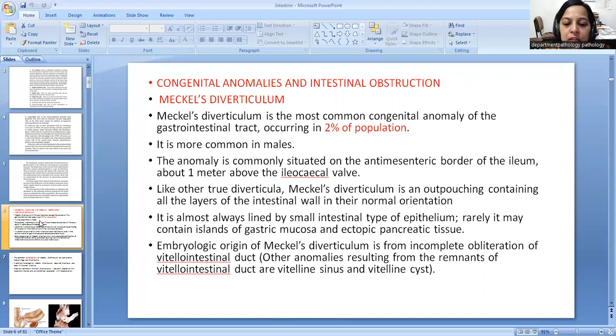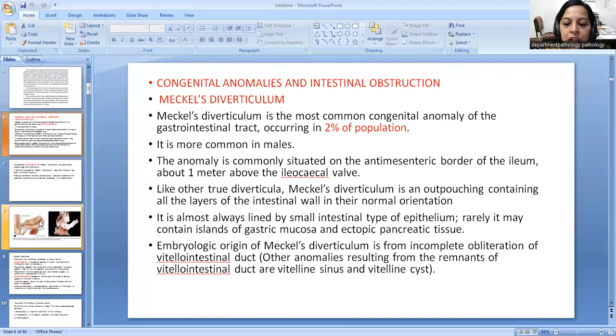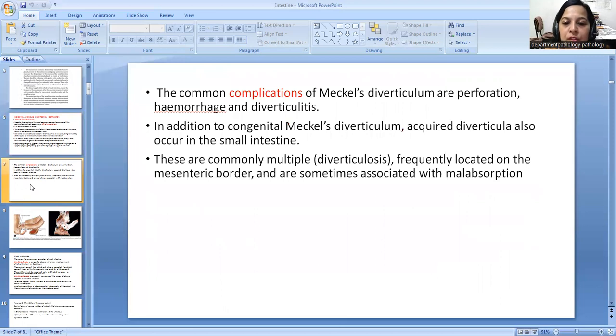Embryologic origin of Meckel's diverticulum is from incomplete obliteration of the VIT duct, that is vitellointestinal duct. Other anomalies which can result from the remnants of VIT duct are vitelline sinus and vitelline cyst. The common complications of Meckel's diverticulum are perforation, hemorrhage, and diverticulitis.